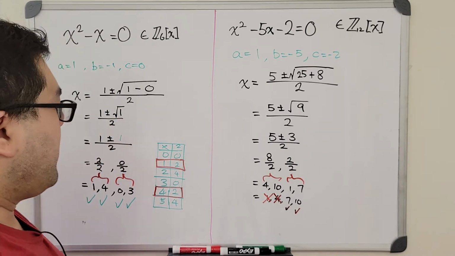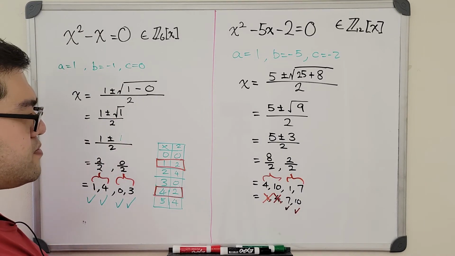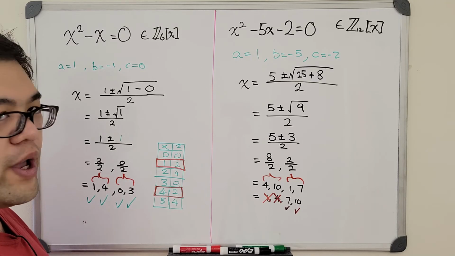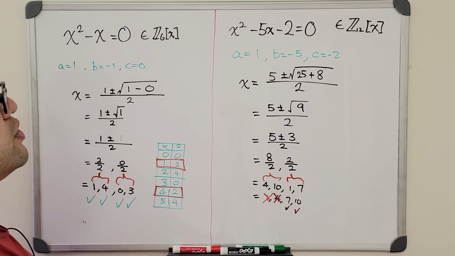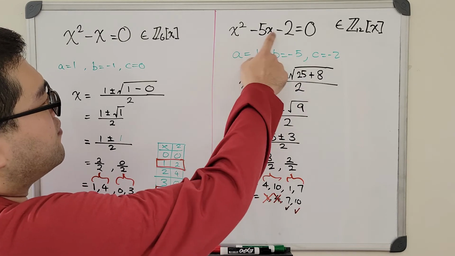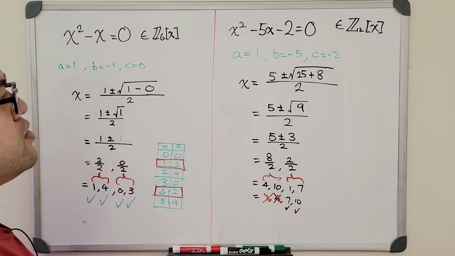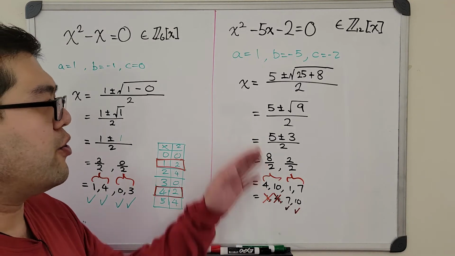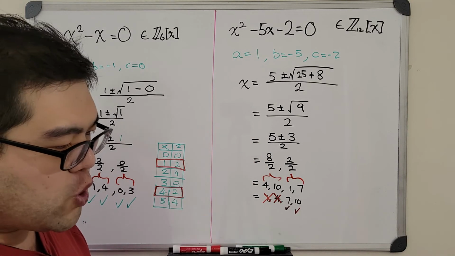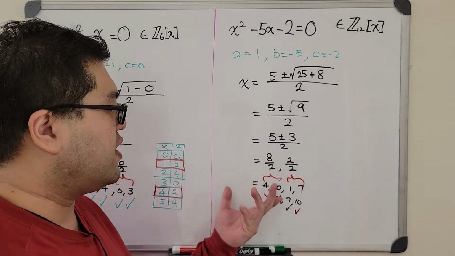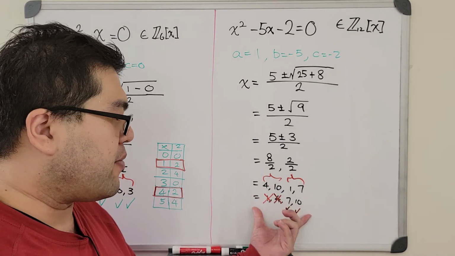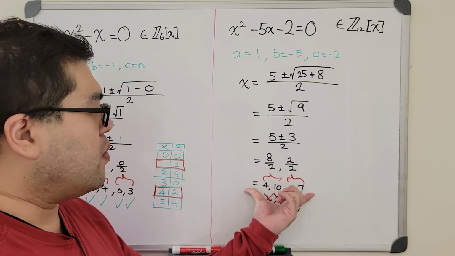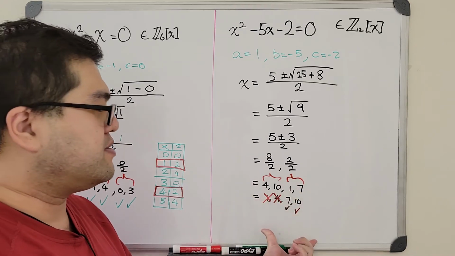But does that mean we have to use the old way of trying all the numbers to find the answers? No, we don't have to. In fact, we can still use our quadratic formula to give us the answers. But keep in mind, if we use that, we might find more than just valid answers.